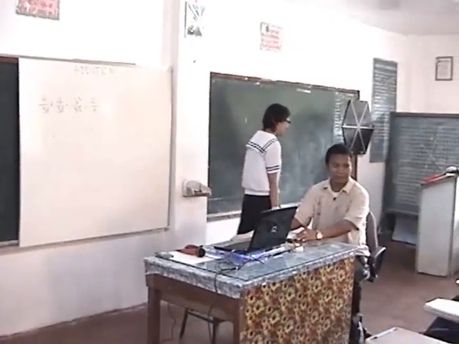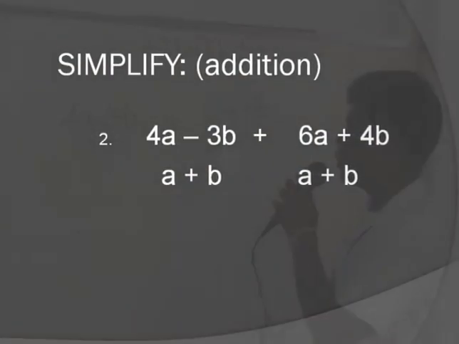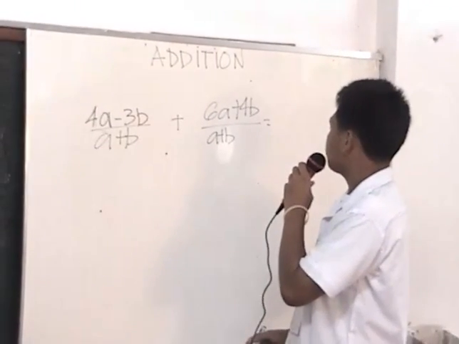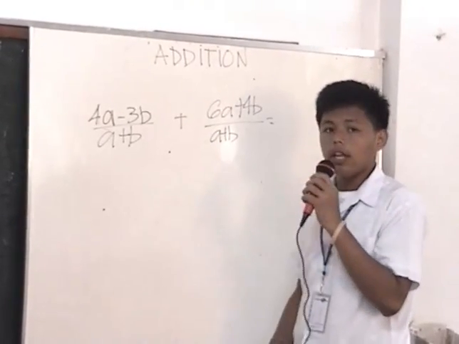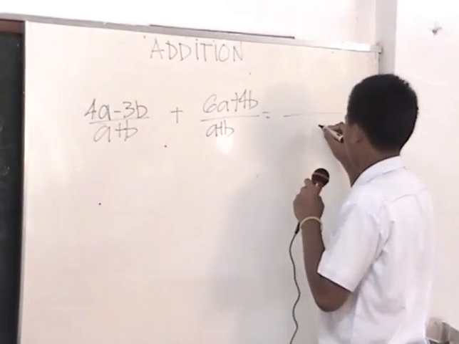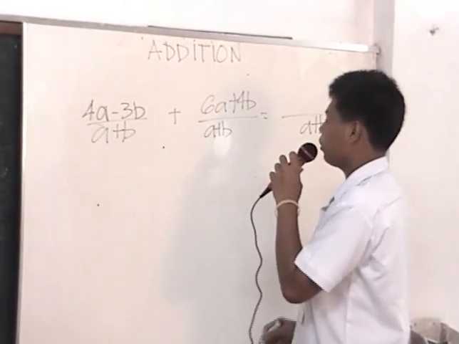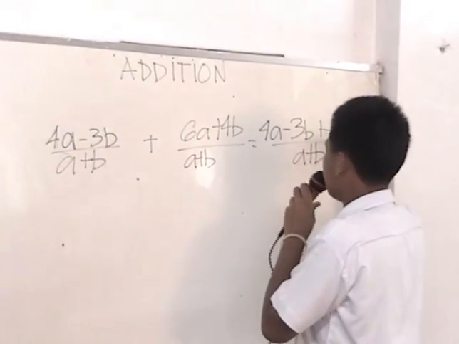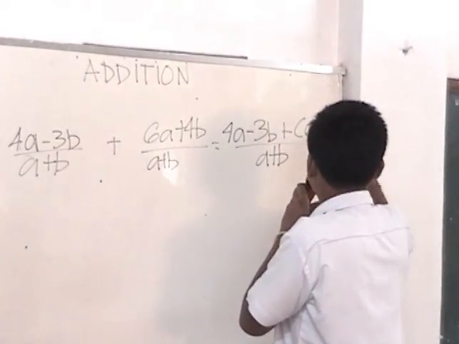How about number 2, Mr. Barcoma? 4a minus 3b over a plus b plus 6a plus 4b over a plus b. Since the denominator is common, you just copy it, a plus b, and add the numerators. 4a minus 3b plus the quantity of 6a plus 4b.